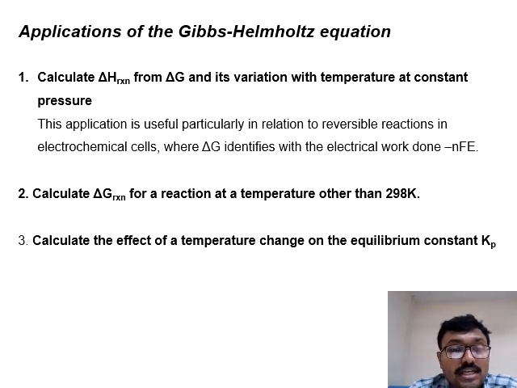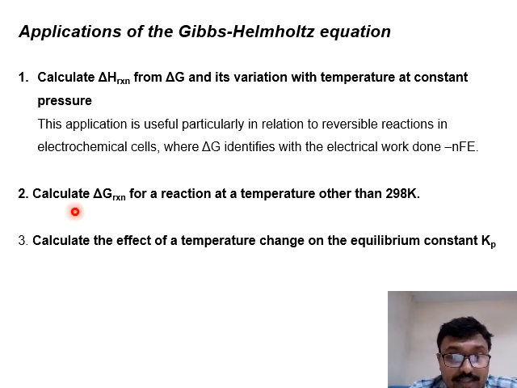Next is the application of the Gibbs-Helmholtz equation. We can calculate the heat change, the enthalpy change of a reaction, from delta G and its variation with temperature at constant pressure. The application is particularly in relation to reversible reactions in an electrochemical cell, where delta G is identified with the electrical work, that is minus nFE.